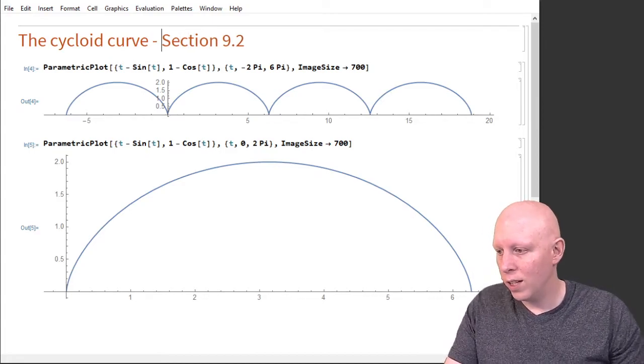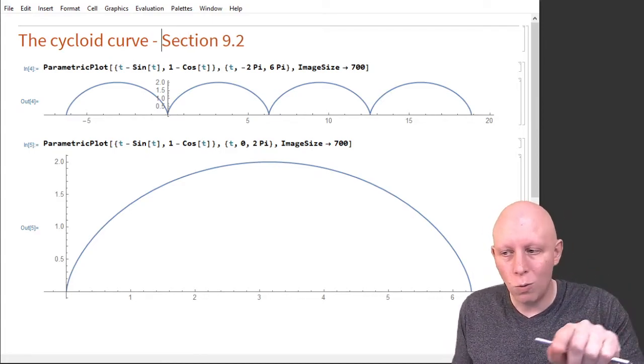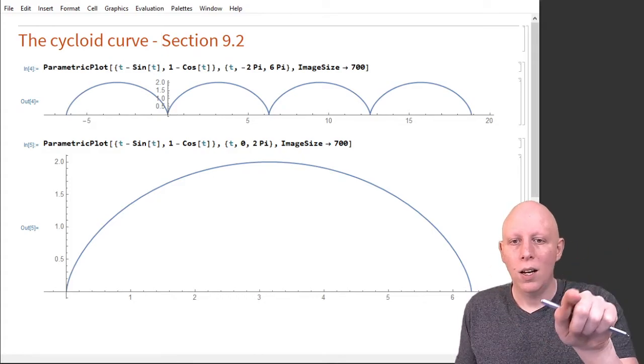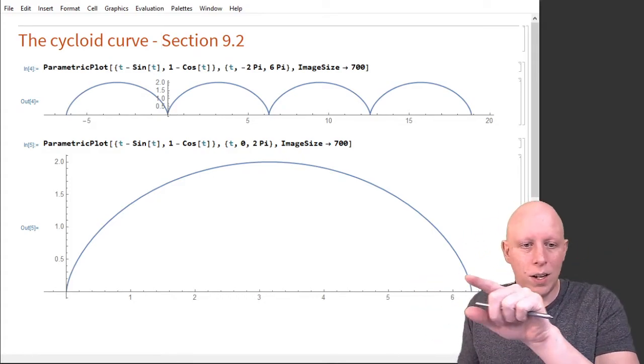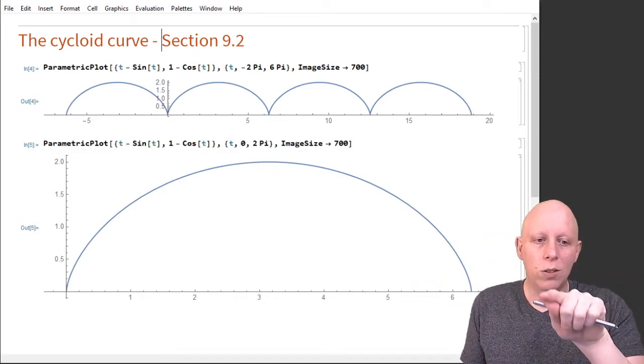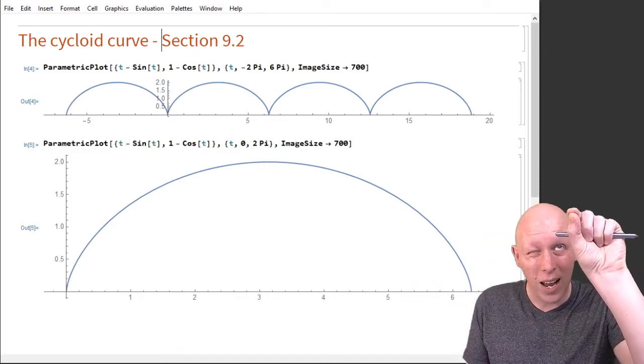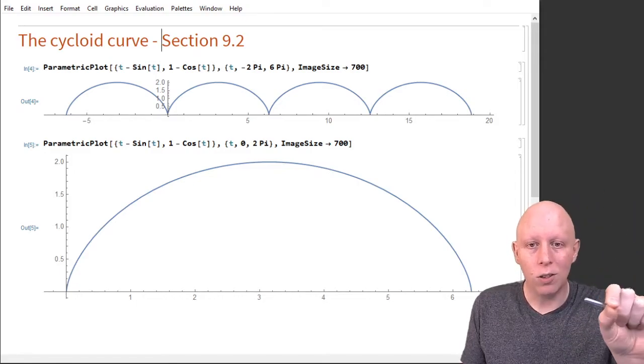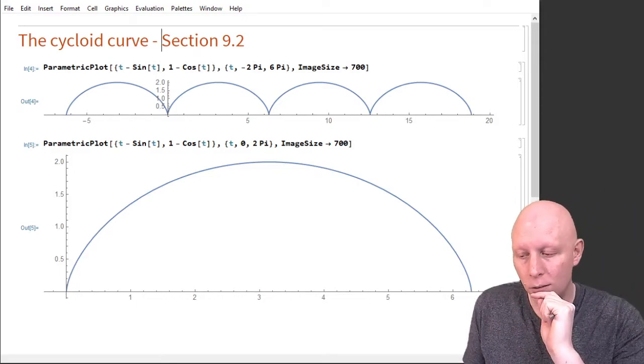Basically, if you roll a wheel along a path, one point on the wheel travels over time and follows this curve.